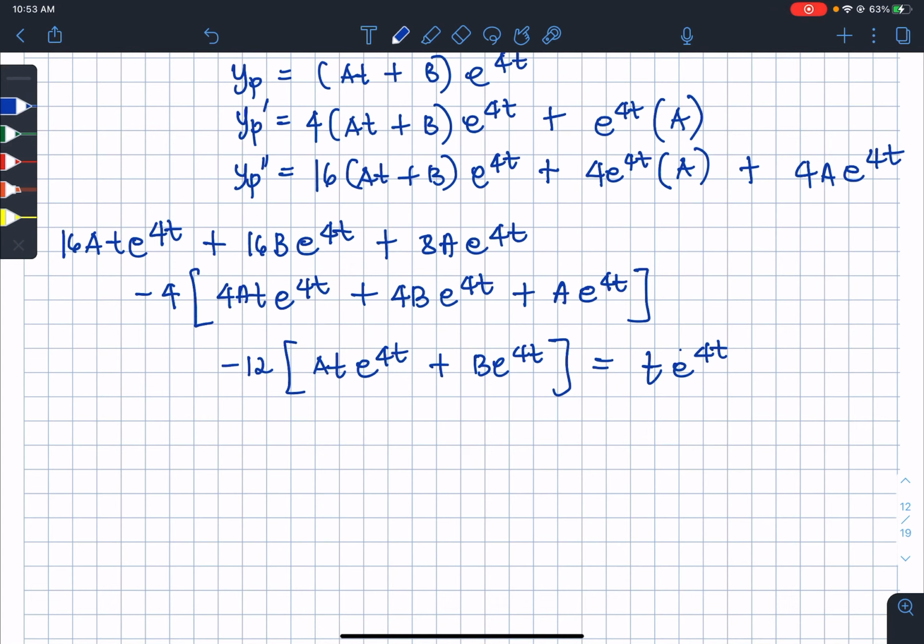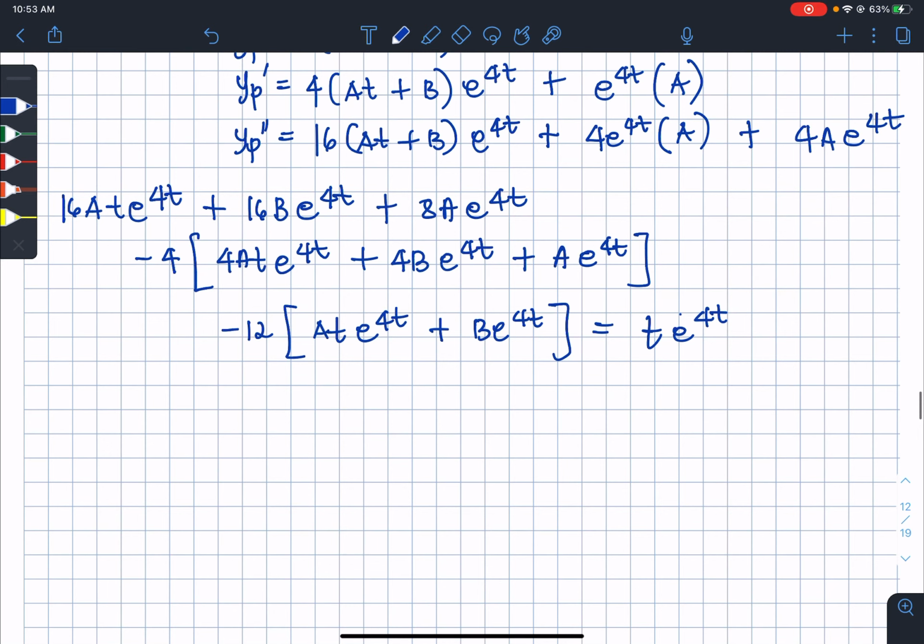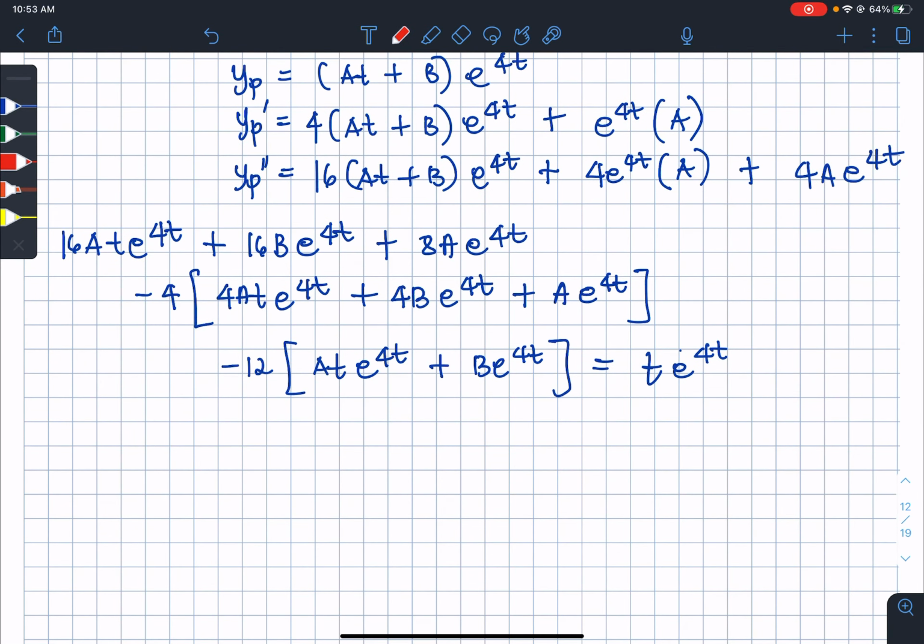So combining all terms involving t e raised to 4t, or I could distribute it first.